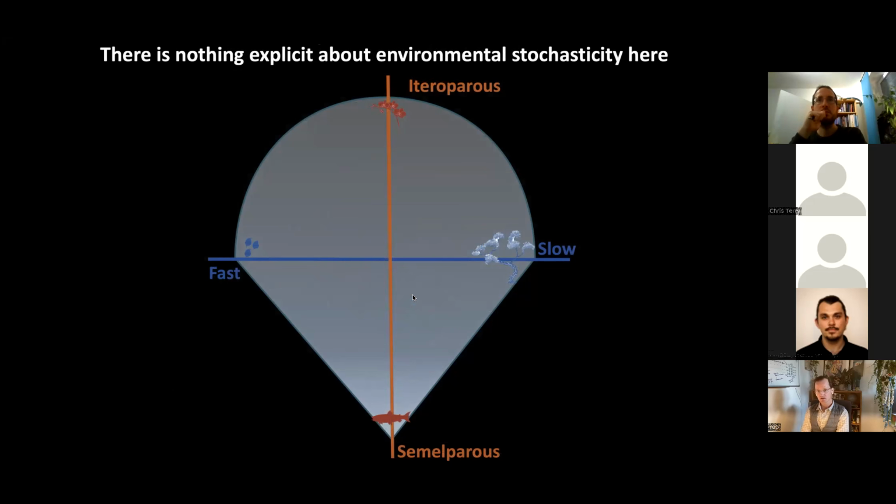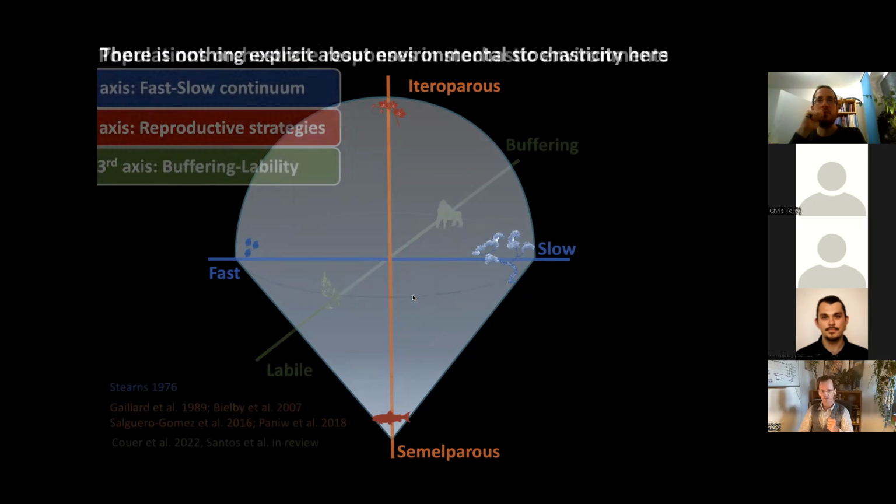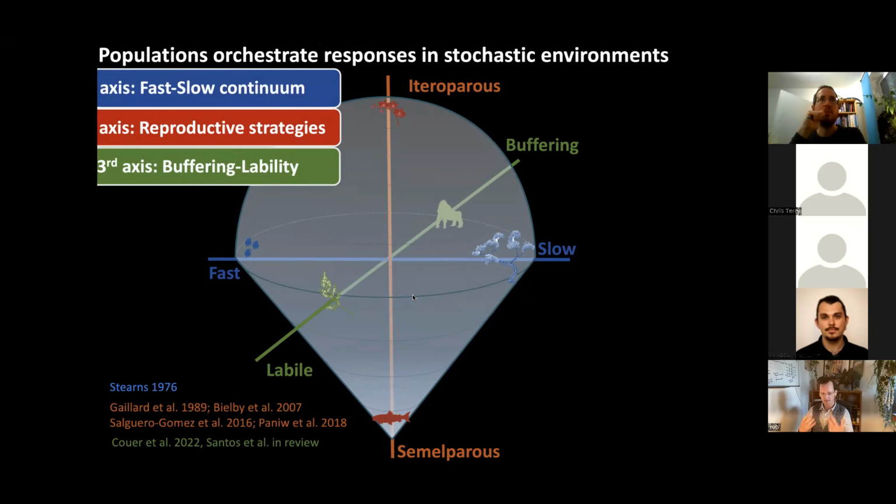So there's nothing explicit about environmental stochasticity in this framework, even though we can start to run simulations. The interesting thing is that recently, the topic of demographic buffering and lability has attracted quite a bit of attention from the discipline.